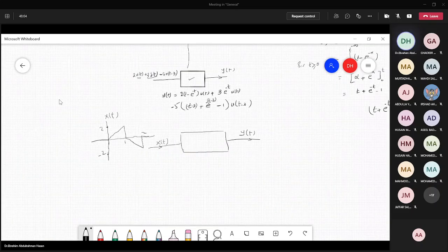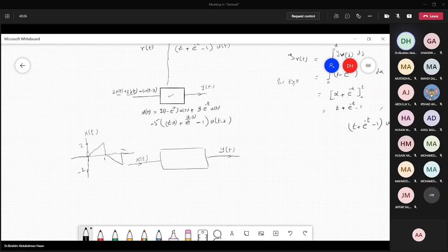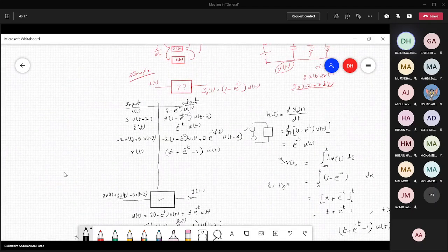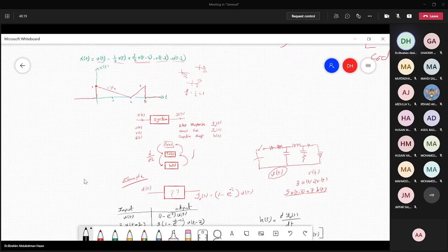Okay, first step, we need to decompose this one to get something like this, so then it is very easy to write the output. Okay, we solve this one.